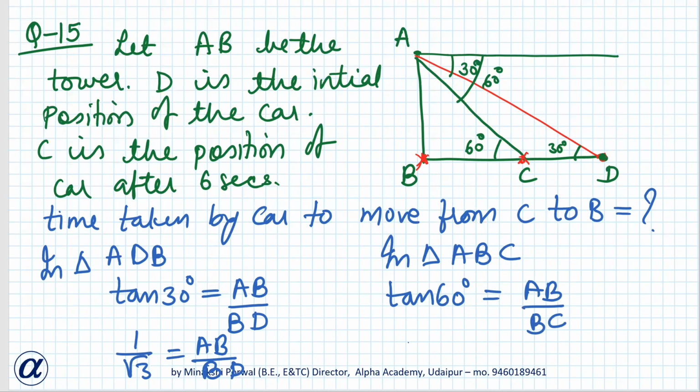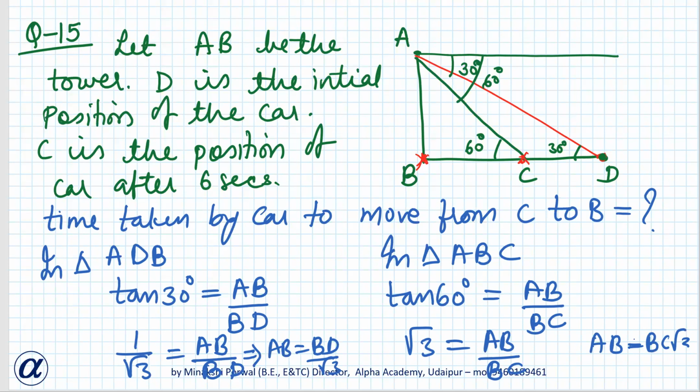So root 3 equals AB upon BC. From both of these we'll find the value of AB. From the first, AB equals BD upon root 3, and here AB equals BC into root 3. So we'll equate both of them.